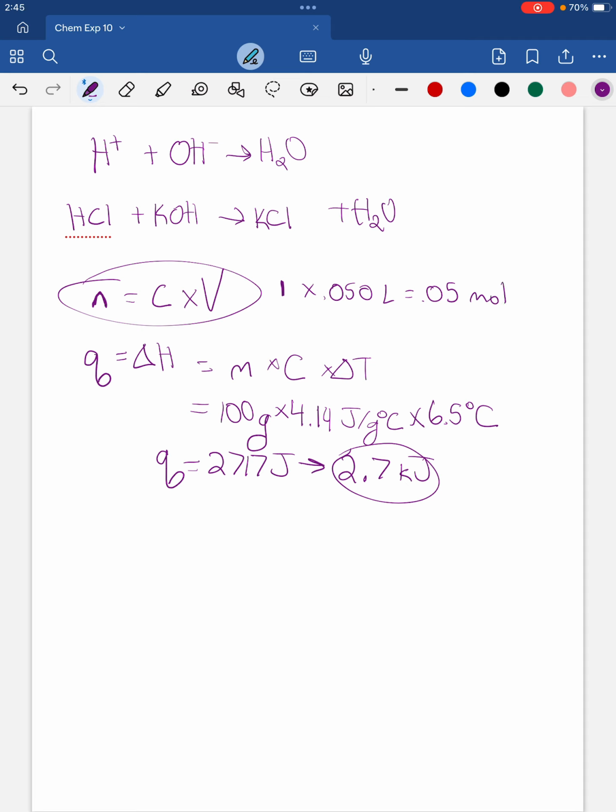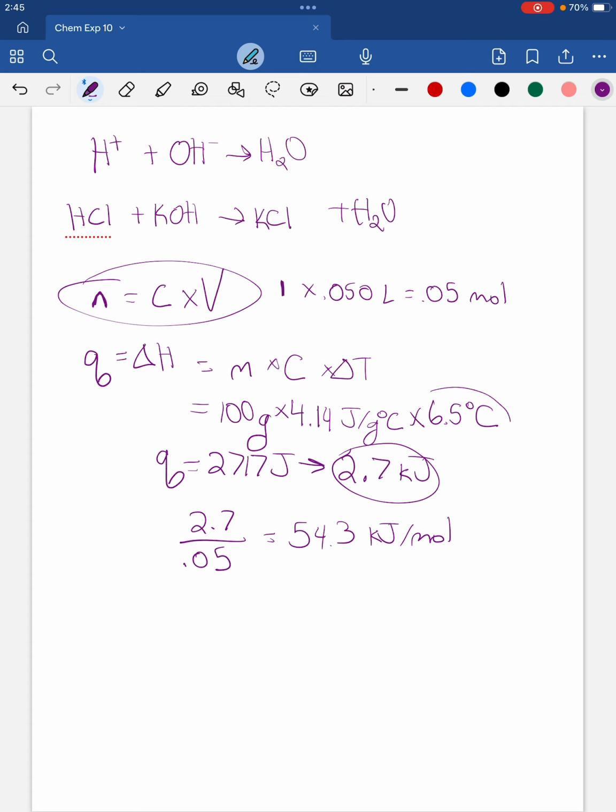Now if we just do our kilojoules, 2.7 divided by our number of moles, 0.05, we get about 54.3 kilojoules per mole.